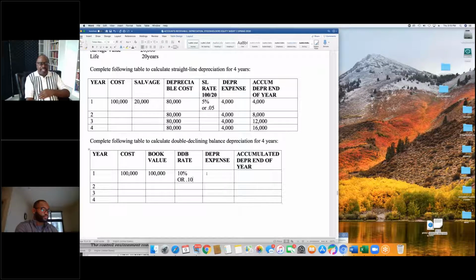How much is our expense going to be in the first year? 10,000. And how much we got accumulated? No, that's 10,000.